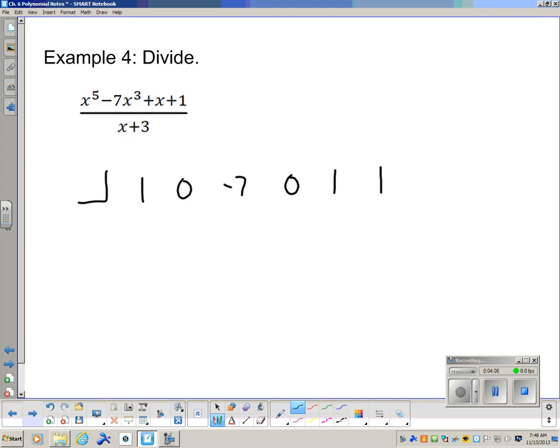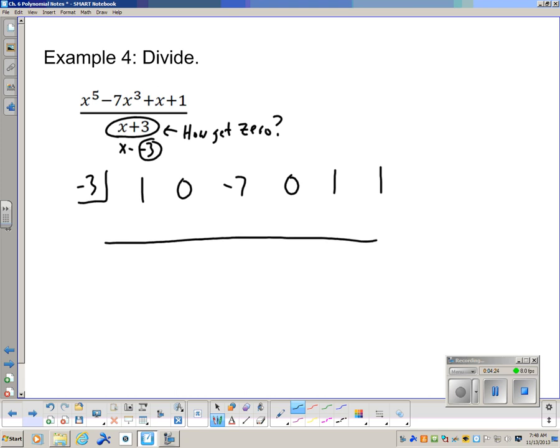All right? What's going to go inside the box? How do I get 0? I get 0 down there when x is -3. Or I can think of writing it like this, x minus a -3. So I've got to be in terms of minus. All right, you're going to bring down your first number. Multiply by what's in the box. Add those together.